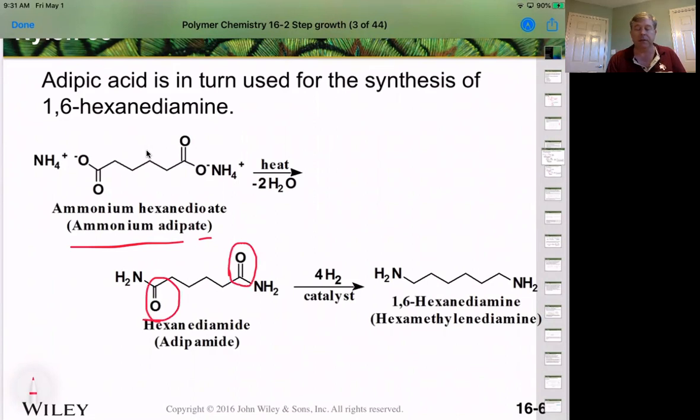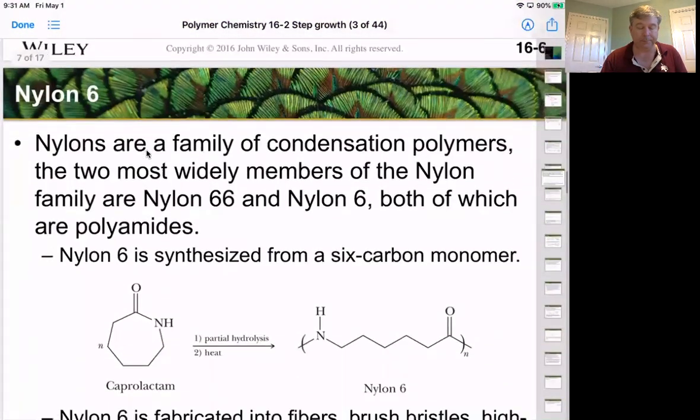When we hydrogenate the carbonyl compounds on here, those carbonyl carbons turn into the last 2 methylenes here, and we have 6 carbons in there. So we're using benzene to create not only the dicarboxylic acid functionality, but we're taking that dicarboxylic acid and turning it into our diamine. So both parts of the nylon 6,6 are made from benzene. Okay.